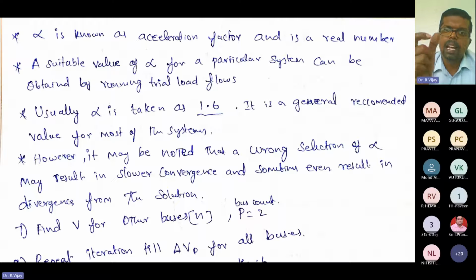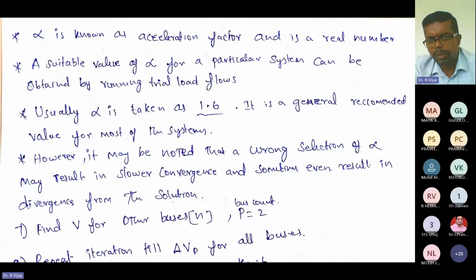It means the program convergence will be slower. Say, instead of 2 plus 3j, you will get something like 1.8 plus 2.8j. The answer will not be accurate, the time taken by the algorithm will be somewhat more, and there will be a divergence in the solution, so different answers will come.